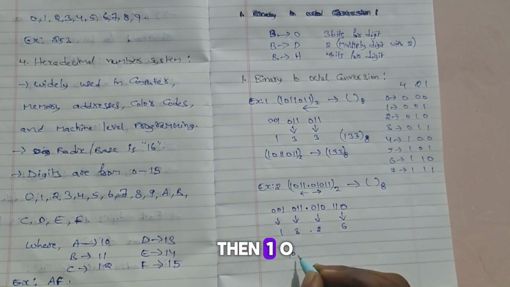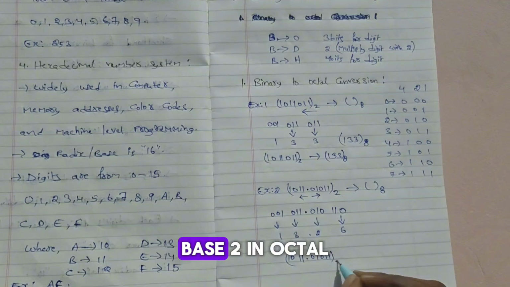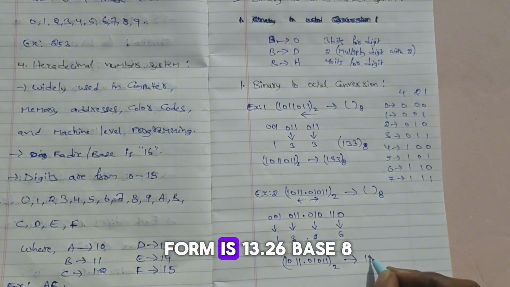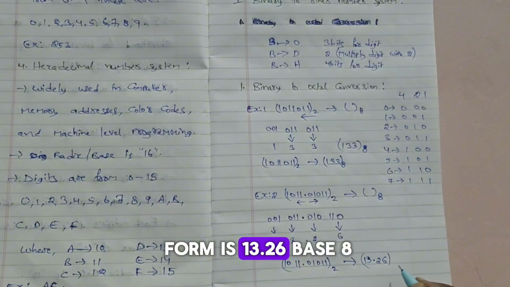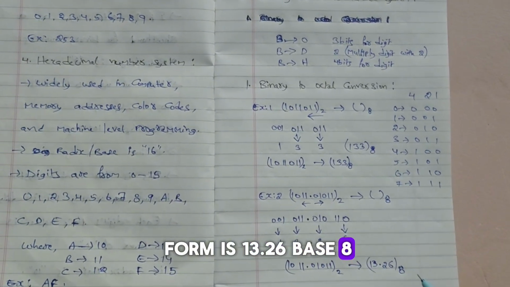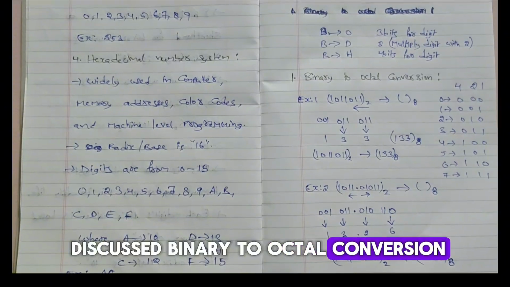Then 1011.01011 base 2 in octal form is 13.26 base 8. Till now we have discussed binary to octal conversion.